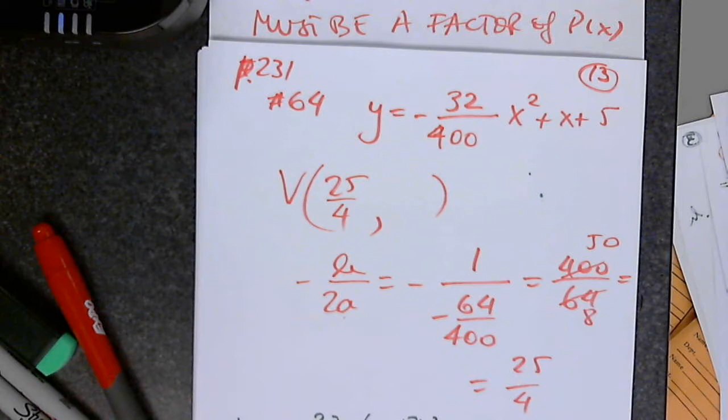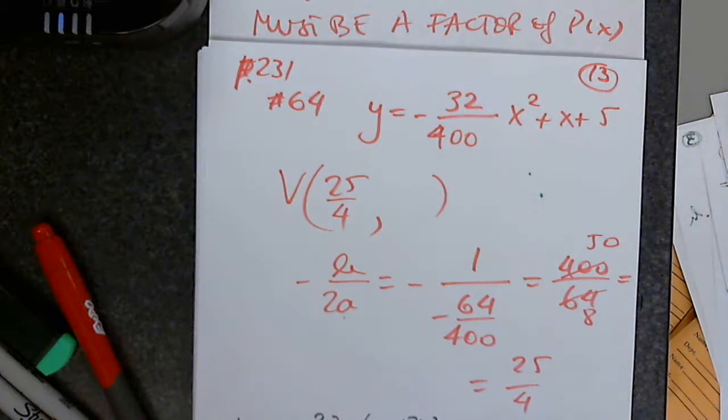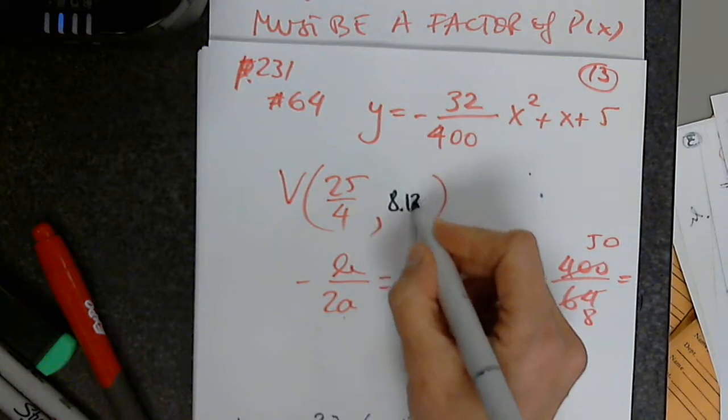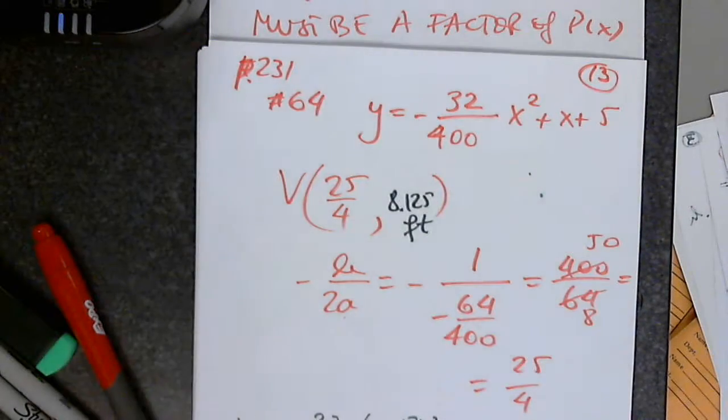So, in parentheses, negative 32 divided by 400, multiplied by parentheses 25 divided by 4, everything squared, plus 25 divided by 4, and plus 5. So the maximum height is 8.125 feet. 8.125 feet. Okay.